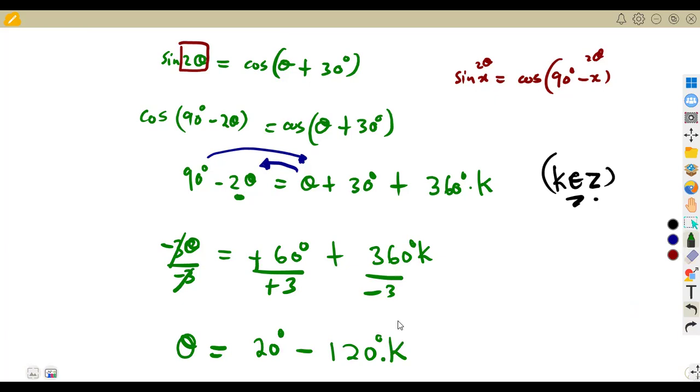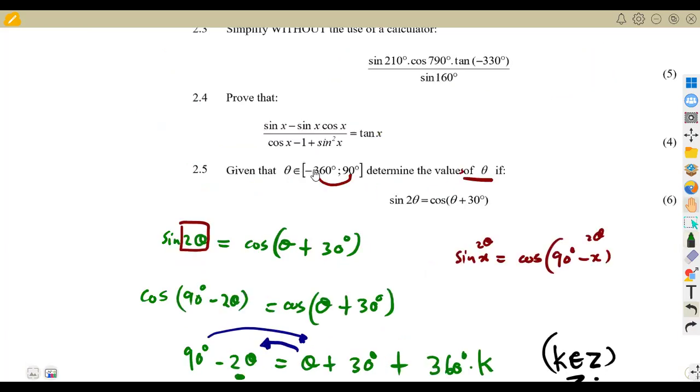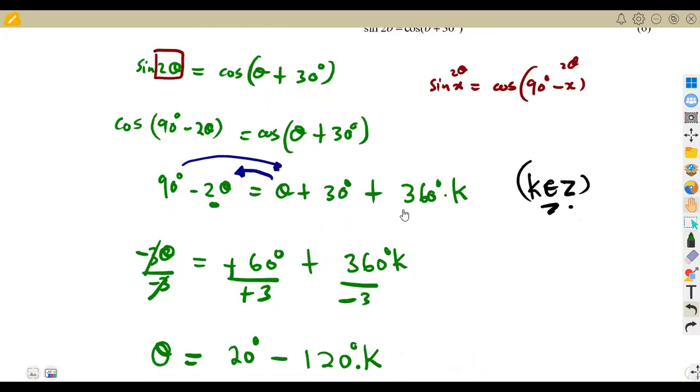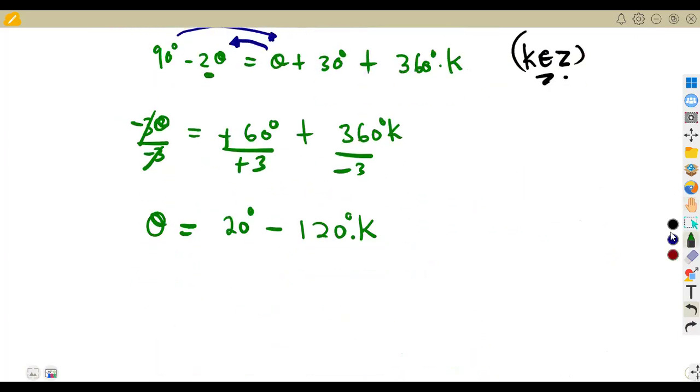So this is a new setup now. On this, we are considering the integers that we are given and the interval from negative 360 up to 90. Remember our theta is supposed to be taken from negative 360 up to 90 degrees.